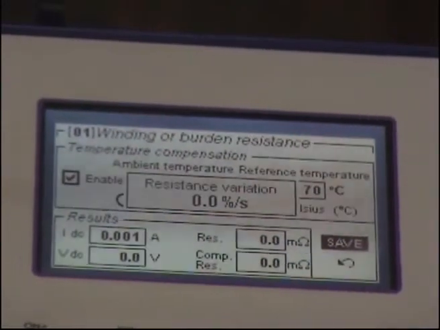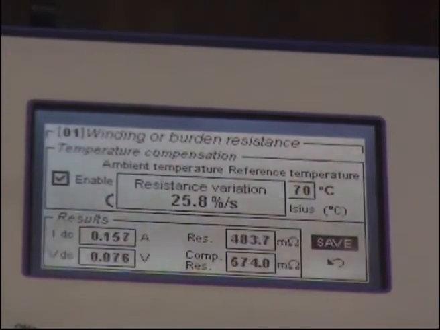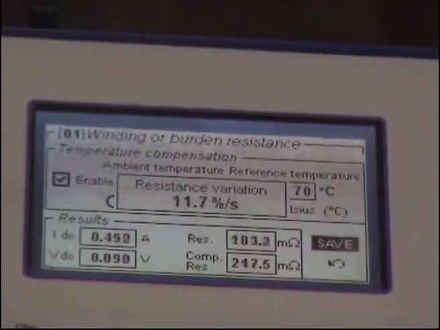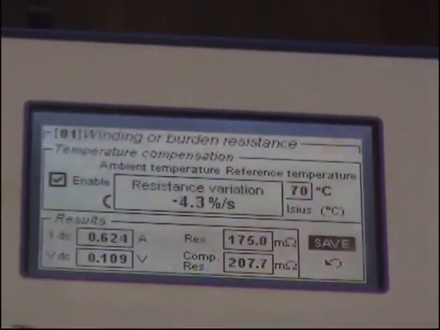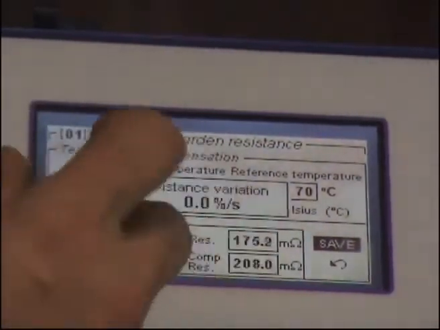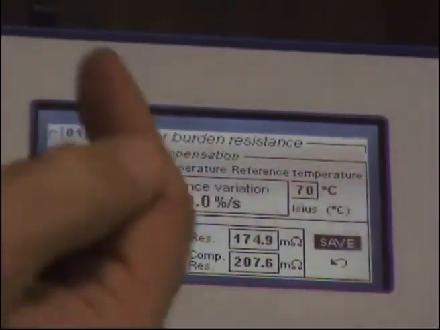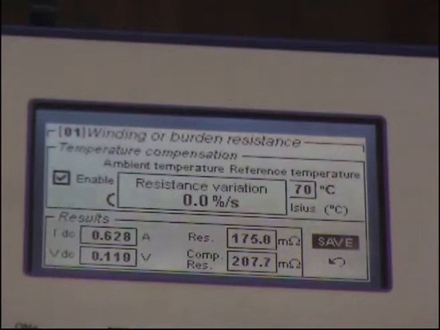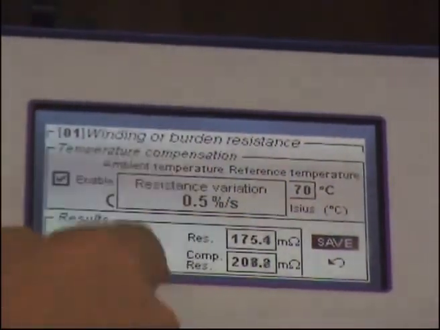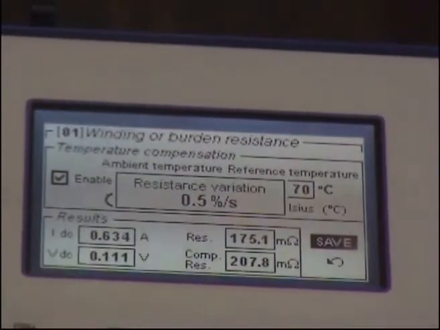Now, I increase the current slowly. You see? As I do, there is this message here telling me that the resistance is changing. So, therefore, this means that due to the inductance, the measurement that I am doing at the very moment when I increase the current is wrong.